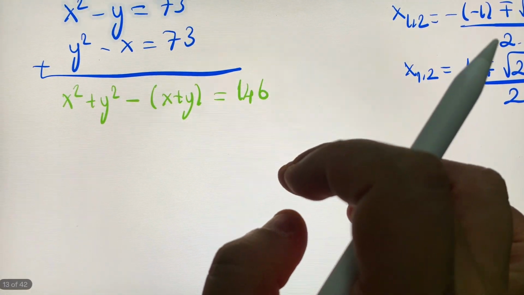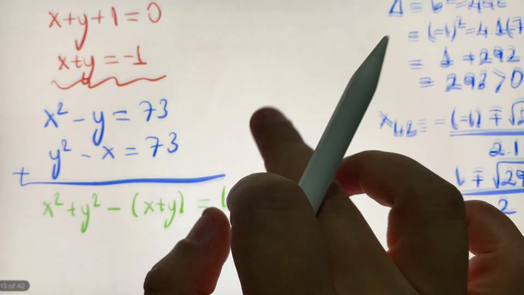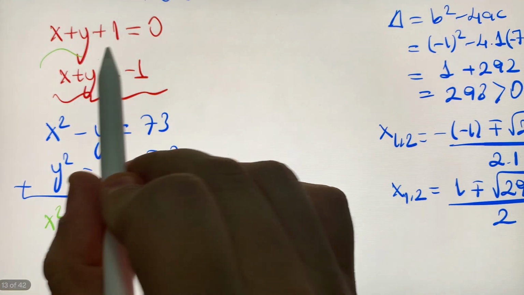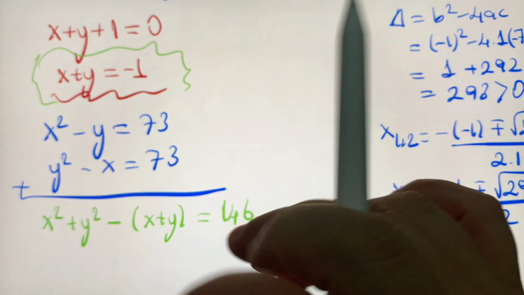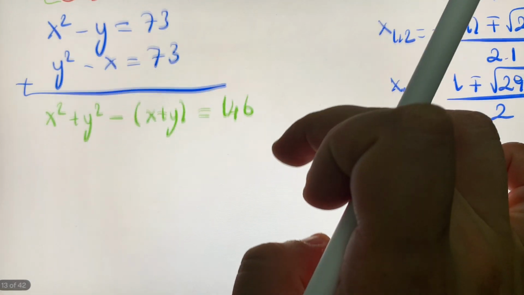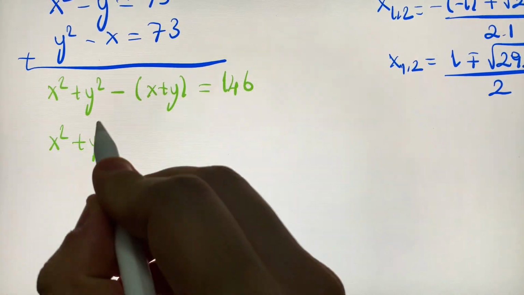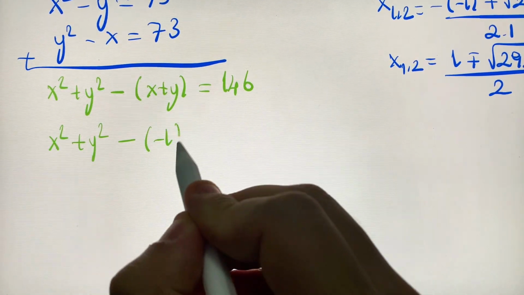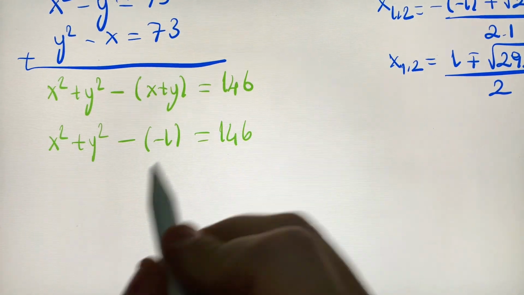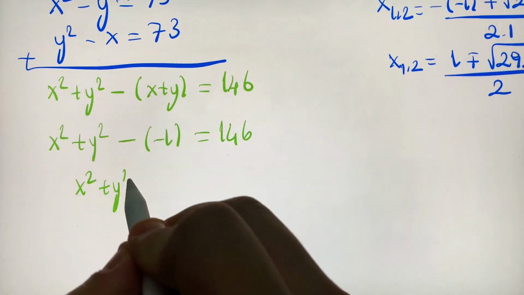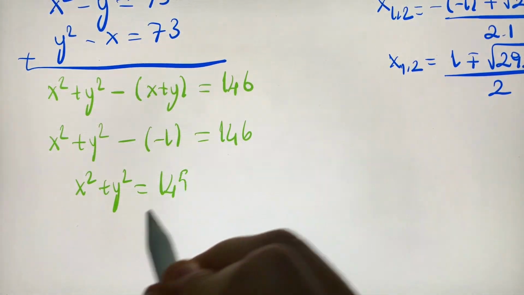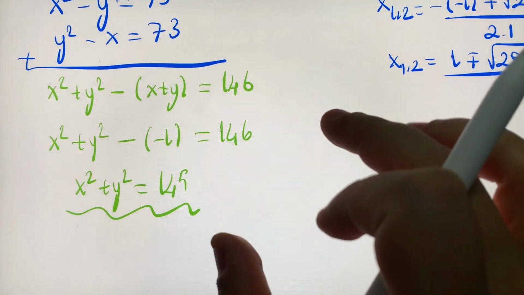Now, we said above that x plus y is minus 1. I write it instead: x squared plus y squared minus the parenthesis of minus 1 is 146. So x squared plus y squared is 145.